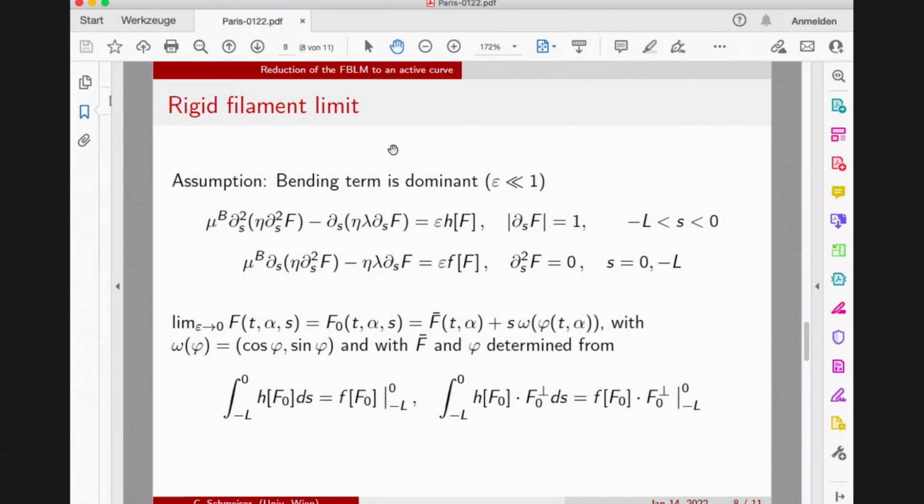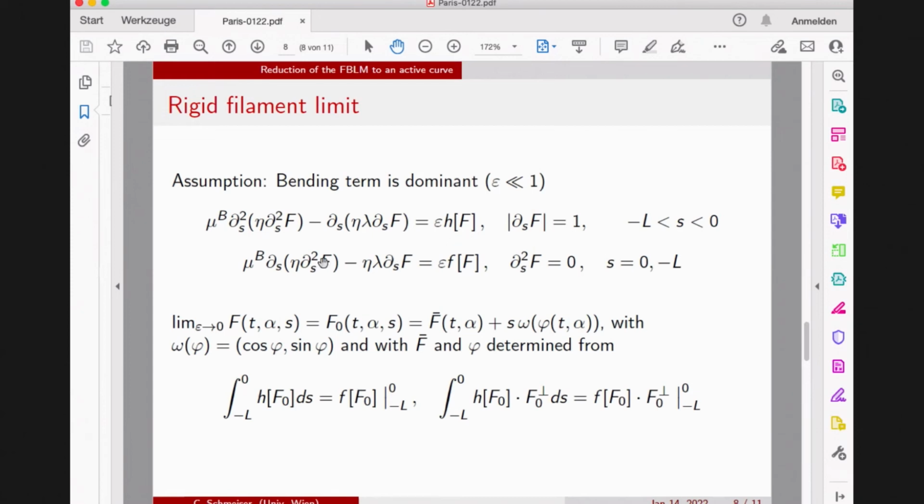When you remember the equations which we had before, of these equations now I only keep the bending term, and I have to keep the term with the Lagrange multiplier, because the size of the Lagrange multiplier will depend on what's going on here. So this has to be kept. But all the rest of the equation I take as small. So epsilon you could see is kind of a ratio between the bending stiffness and all the other important parameters.